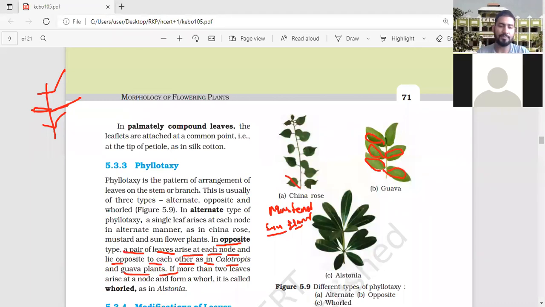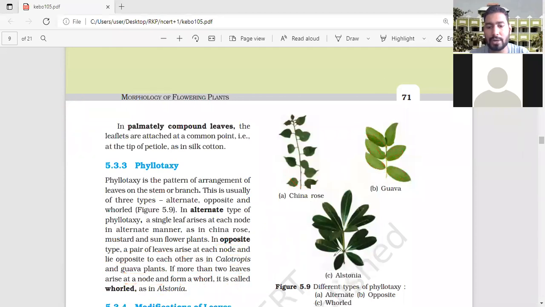One by one. Okay. Then if more than two leaves arise at each node, they form a whorl, it is called the whorl, as in Alstonia. It is saying they are going to form a whorl-like structure. Whorl means, suppose that this is the node. I'm drawing the structure of the node.